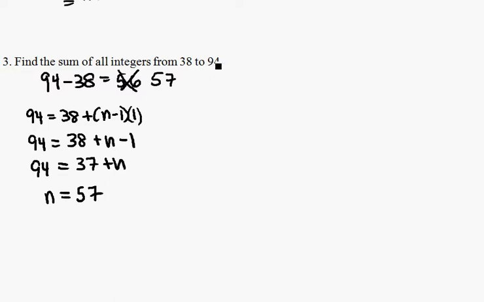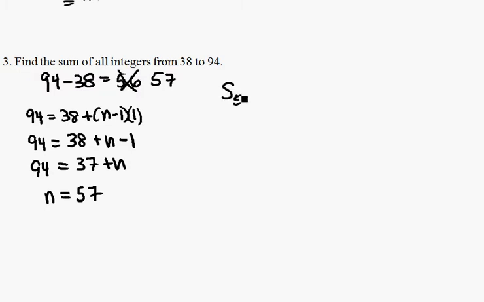The reason is that when you actually subtract 38 from 94, it counts how many numbers there are from 94 down to but not including 38. So it starts with counting 39 to 94 when you're doing subtraction. We wanted to include 38 because that's part of our sum. So therefore we want to go from 38 to 94, which is a total of 57 terms.